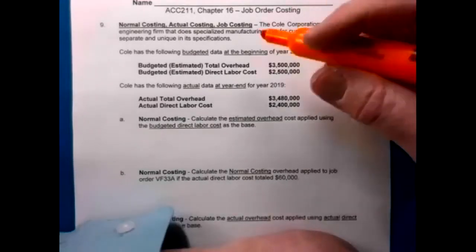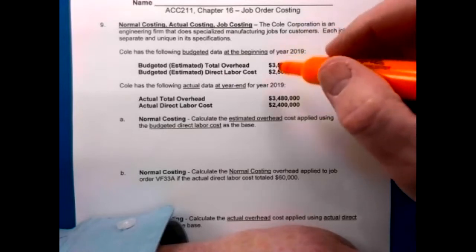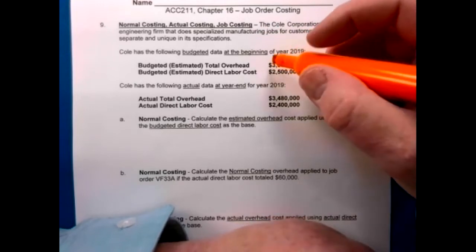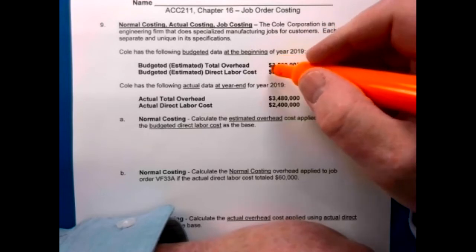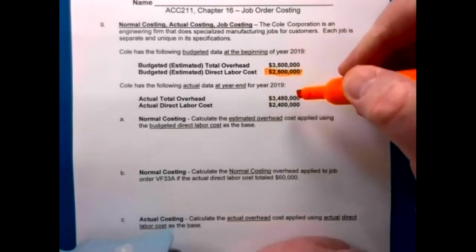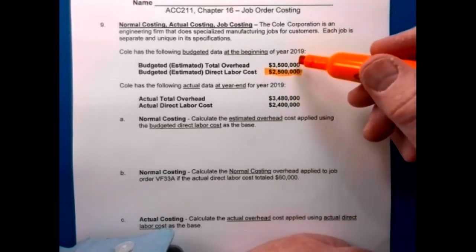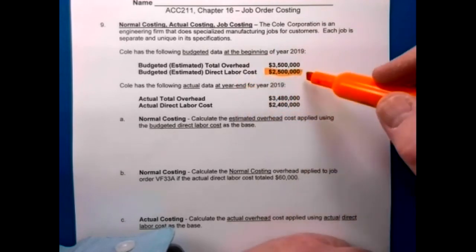Well, one of the things that sometimes companies will do is, instead of using units or hours to allocate overhead, they'll use the cost. And it's exactly the same process. But if you're looking for direct labor hours, it may not be there.